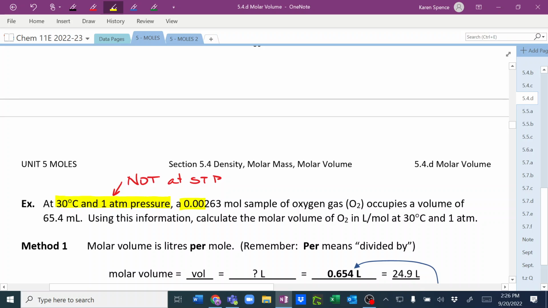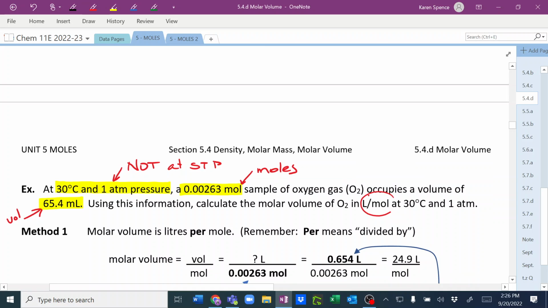We know the moles, and we know the volume. And we would like to know the molar volume of oxygen in liters per mole. So pretty straightforward, yes?